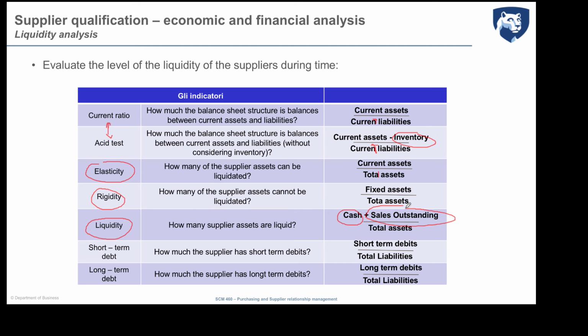Again, these are not physical cash right now, but they will be after the days sales outstanding pass. So cash plus sales outstanding realize how much today is the amount of liquidity on the supplier side and how much they have incidence on the total assets.